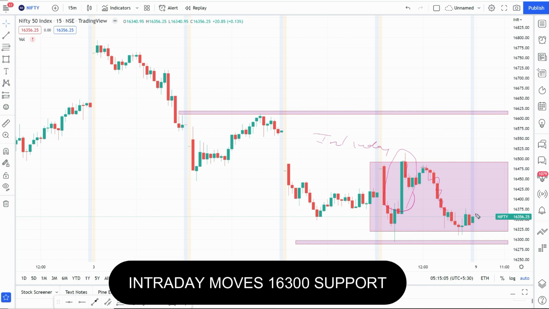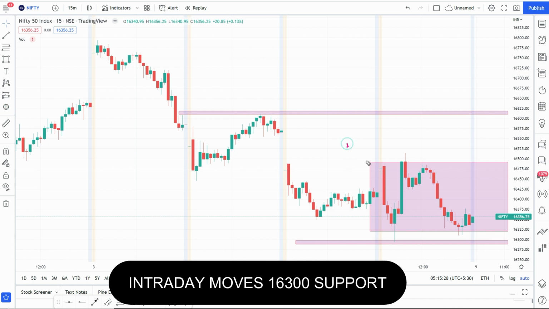The levels we have to consider for today: the first level which I have marked is 16,300. Nifty is constantly taking support at this level, so this is an important level, and the complete range I have marked inside this rectangle is important.